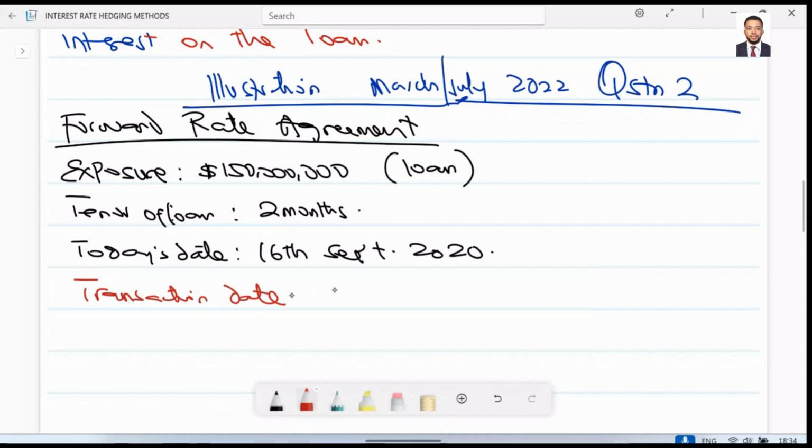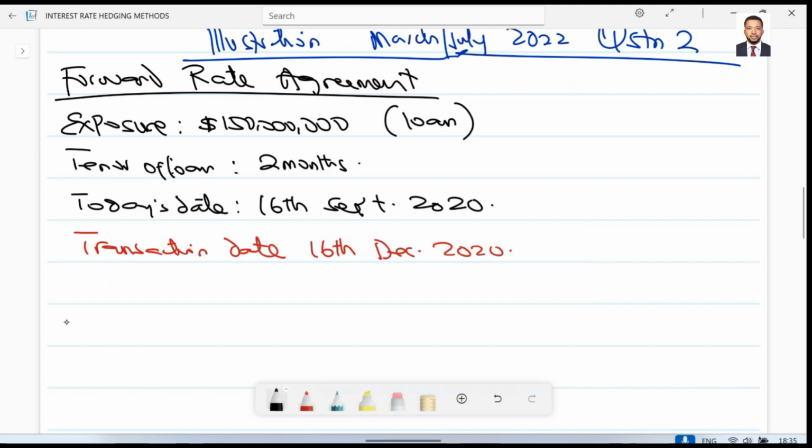Transaction date. 16th December 2020. And then let me start picking my mark. I will just say relevant FRA. No thinking. Relevant FRA. We have what?